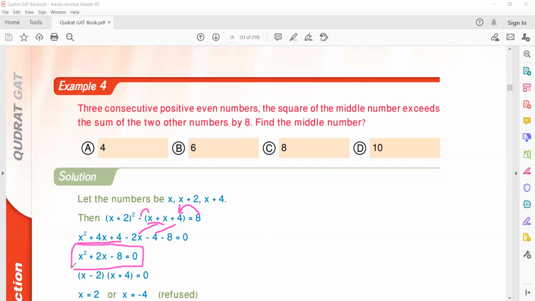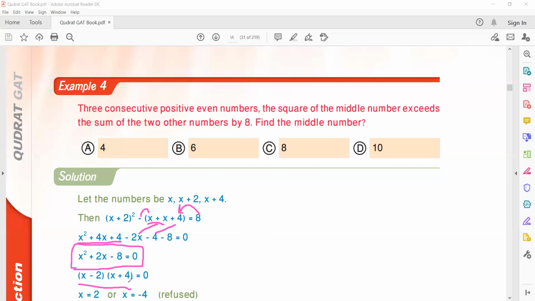How do I solve it? I said to you before, you write 2 brackets, then you find 2 numbers that when you add, equal 2, and when you multiply, it is minus 8. So the numbers are 4 and minus 2, right?